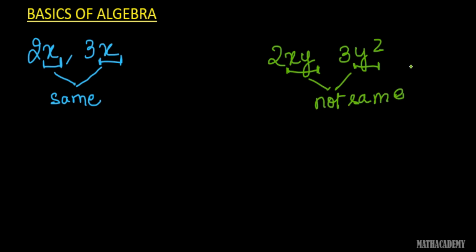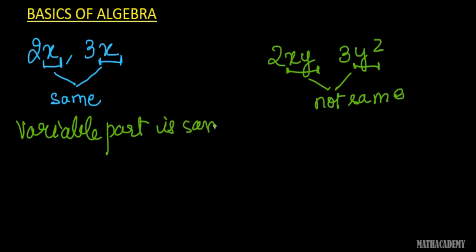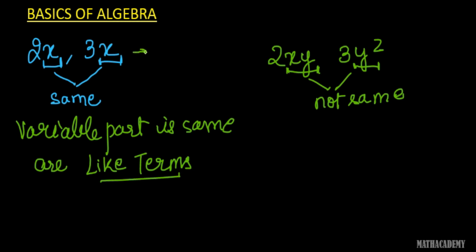So the terms in which the variable part is the same are called like terms. Here 2x and 3x are like terms. In the second example, 2xy and 3y square, the variable part is not the same, so these two terms are called unlike terms.